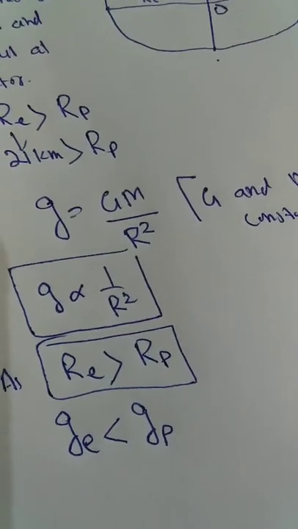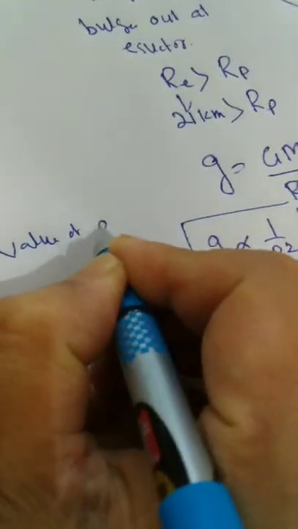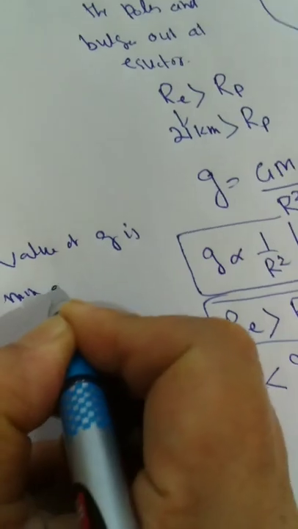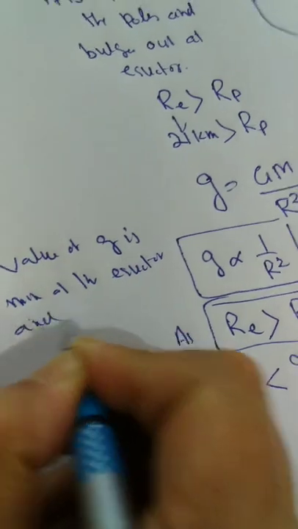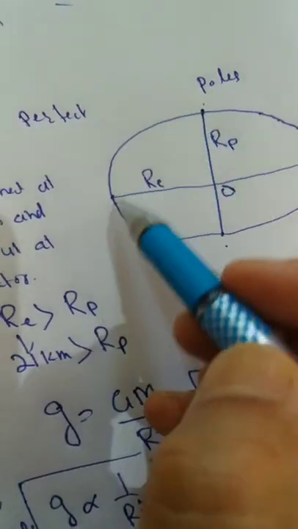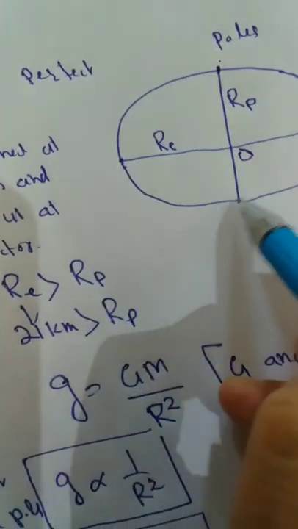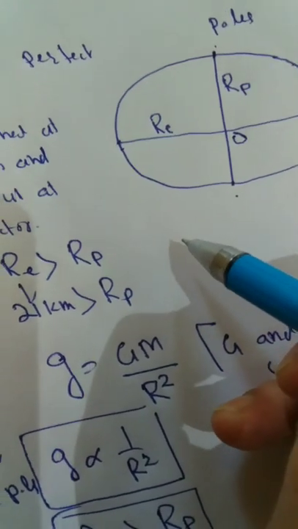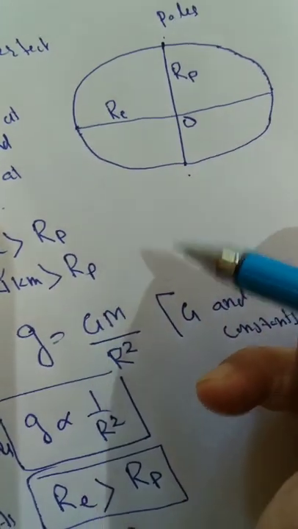Thus the value of g is minimum at the equator and maximum at the poles. As the earth rotates, it is minimum here, goes on increasing, and when it reaches the pole it becomes maximum.